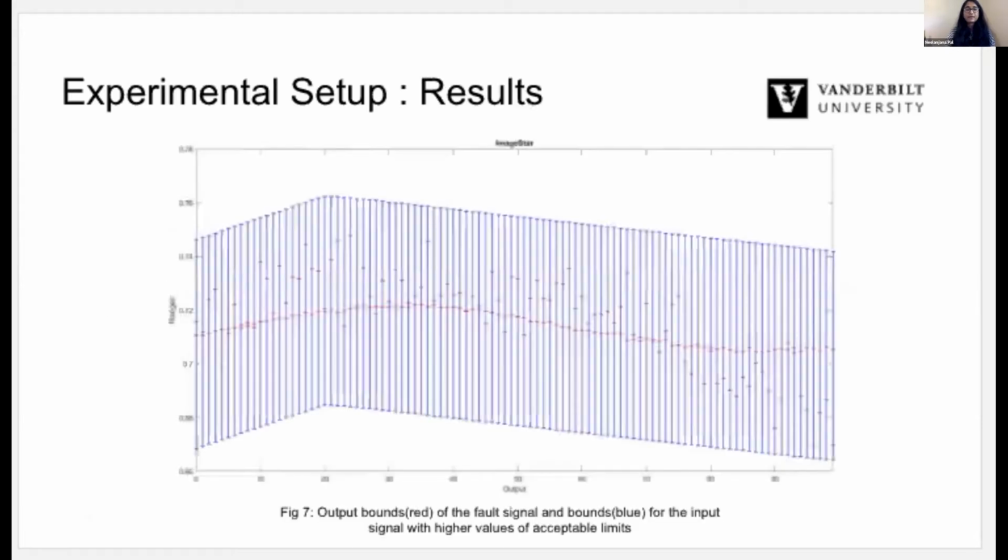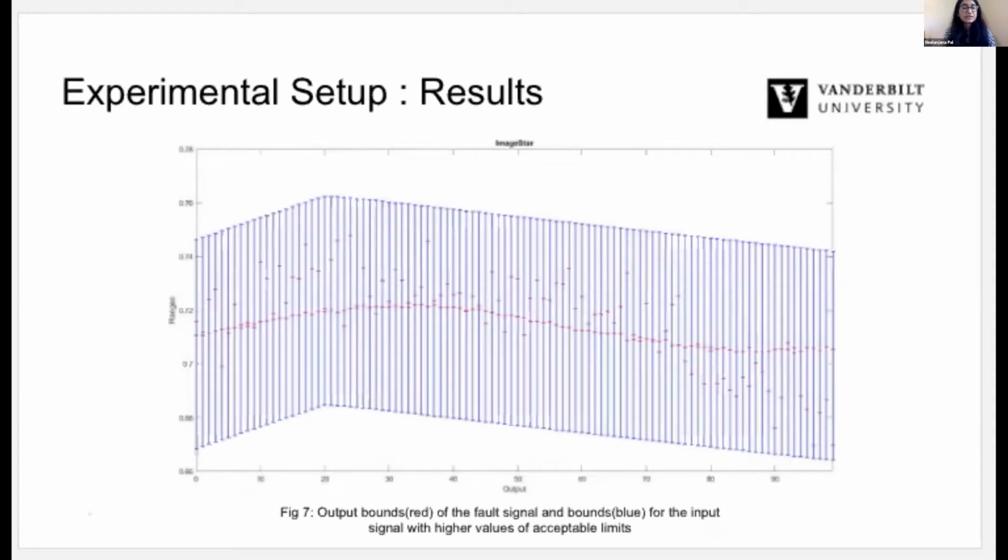So this is one sample plot. The blue one defines the actual deviation or the bandwidth that's allowed around the central signal, or the uninterrupted signal. And the red one is the actual upper and lower bounds that we got after we have an attack, or after the reachability analysis is done.